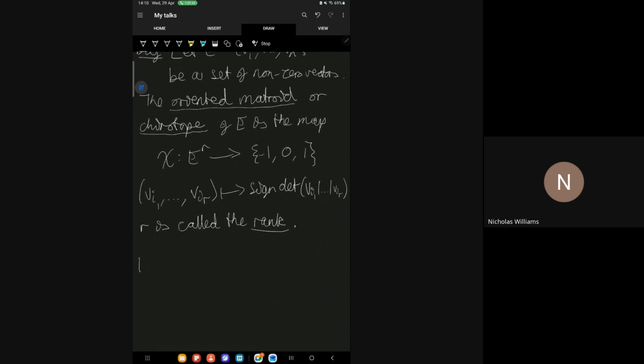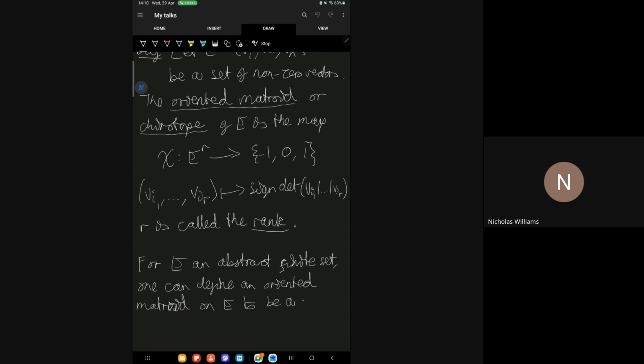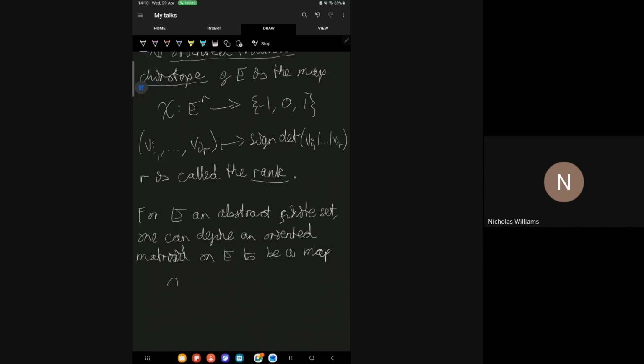Okay, so the point is, for E an abstract finite set, so not necessarily a set of vectors, one can define an oriented matroid on E to be a map chi, again from E^r to the set {-1, 0, 1}, satisfying certain axioms.